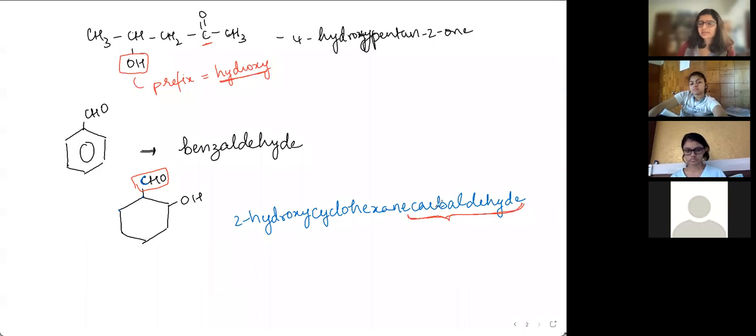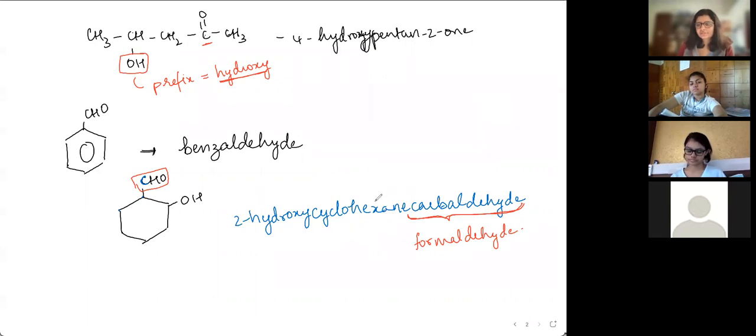In the case of common names, sometimes you will come across formaldehyde also. Okay. So these are some slight modifications to the name.